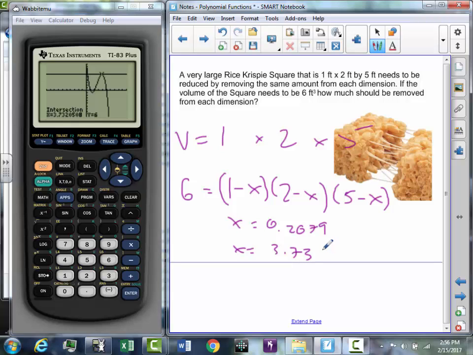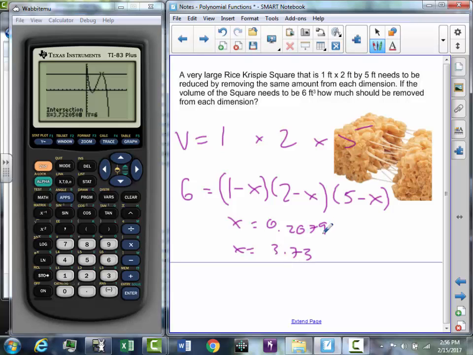I don't know which one's the right answer. Yeah, Jessica's got the idea here. Is everybody okay with how I found those numbers before I move on? Were you able to get the 0.267 number?